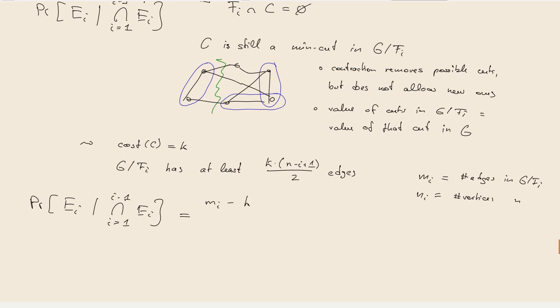And we have this minus K. That's the edges we are free to pick. And we divide by all. And we use again this bound.